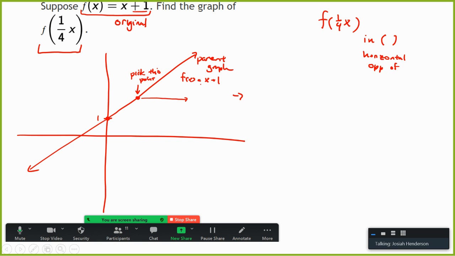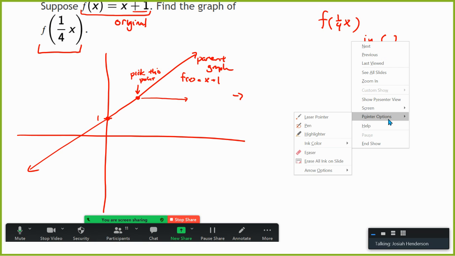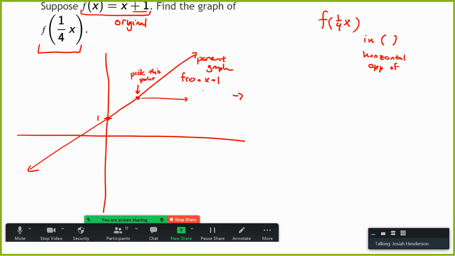So it's going to become, let me change to a different color for our translation, it's going to be out somewhere like this, 4 times farther away. If we pick another spot like this one, it's also out 4 times farther, right here. It's not shifting over, but everything's going to be kind of tilted or stretched by a factor of 4.